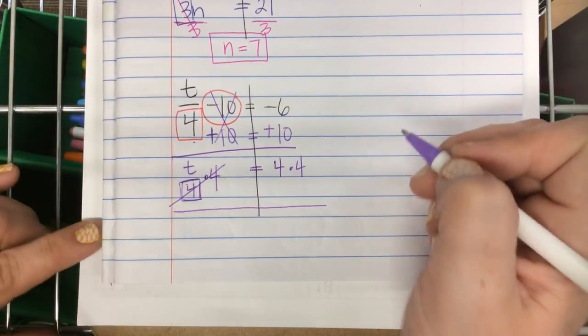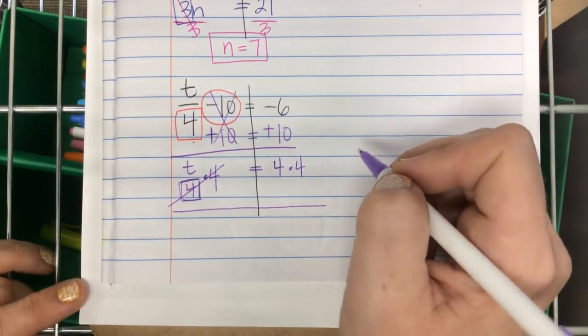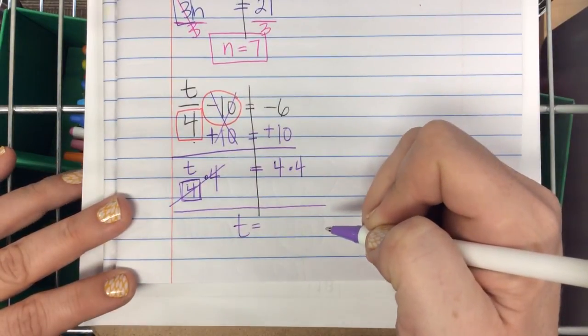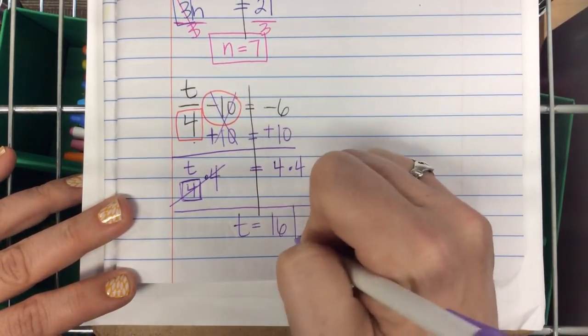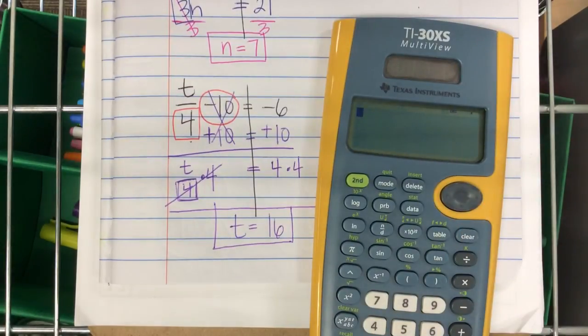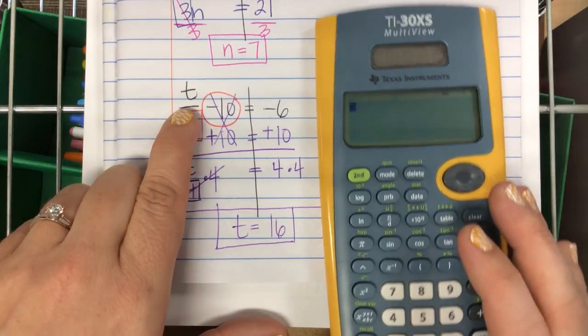Four divided by 4 cancels out, right? So I'm left with t equals, what's 4 times 4? T equals 16. Let's check it in our calculator. Let's check it. T divided by 4.